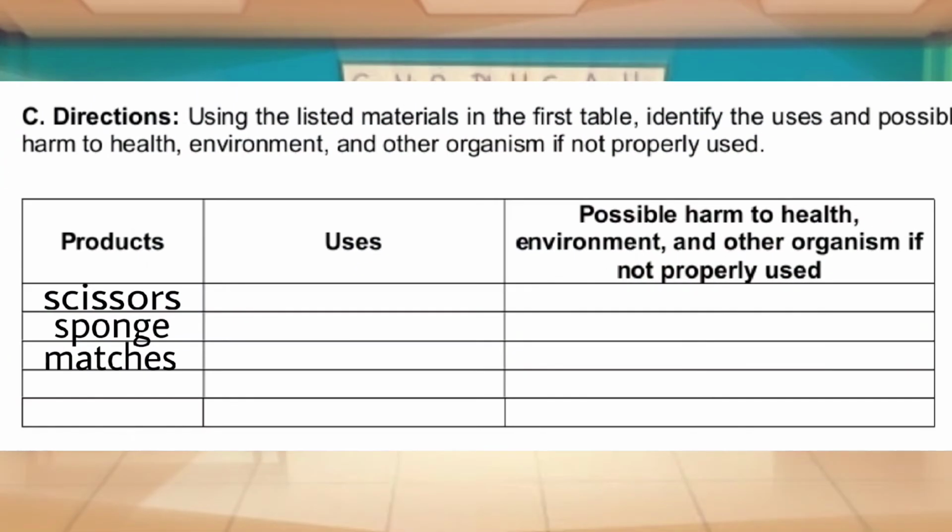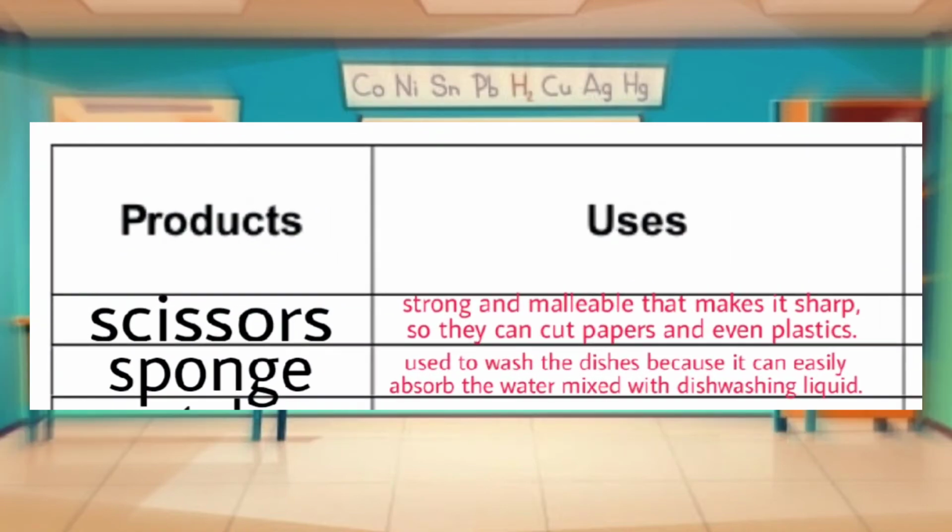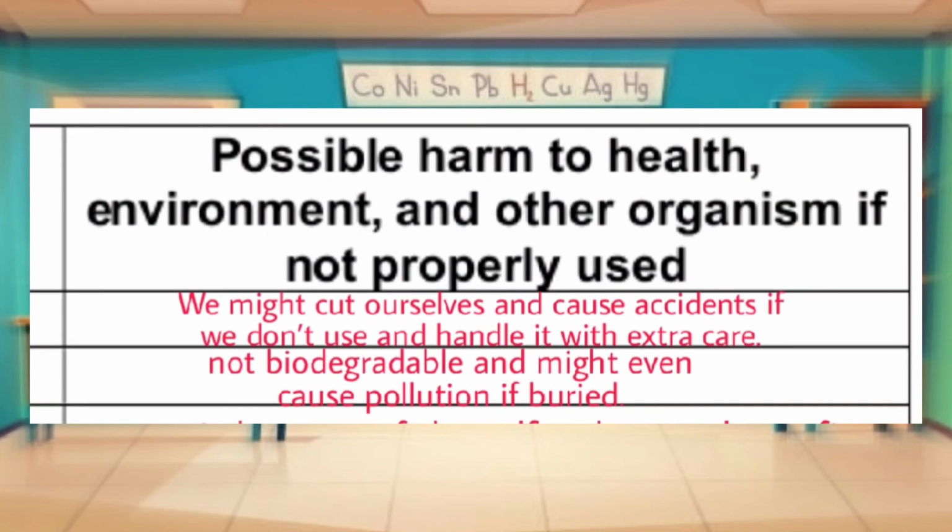Second, sponge. Good! Sponge is used to wash the dishes because it can easily absorb the water mixed with dishwashing liquid. On the other hand, sponge is not biodegradable and might even cause pollution if buried.